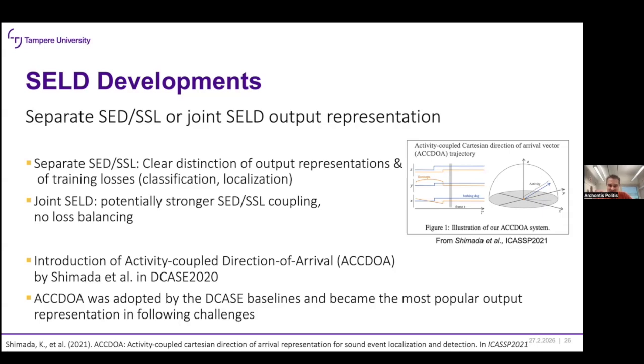Essentially, it combines the sound event detection with the vector representation of the direction of arrival estimation, where the vector points to the direction, but the class activity is encoded into the magnitude of the vector. If it's close to 0, the class is inactive. If it's close to 1, the class is most likely active. So ACCDOA proved to be quite popular, and it was adopted also by the DCASE baseline, and it's probably the most popular representation now in the challenges.